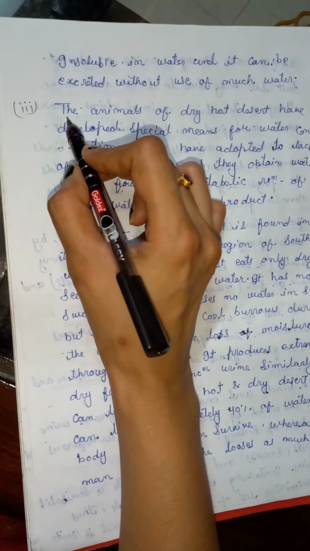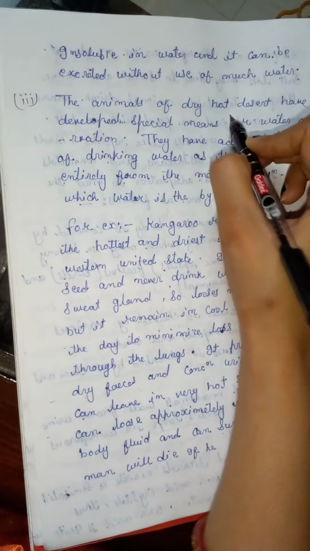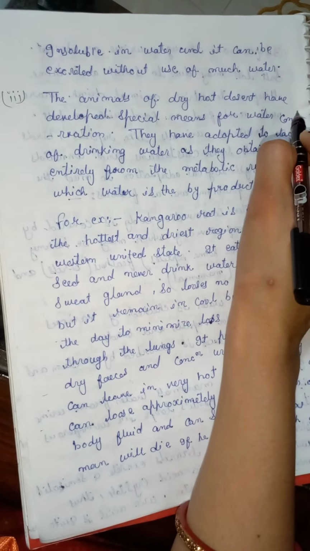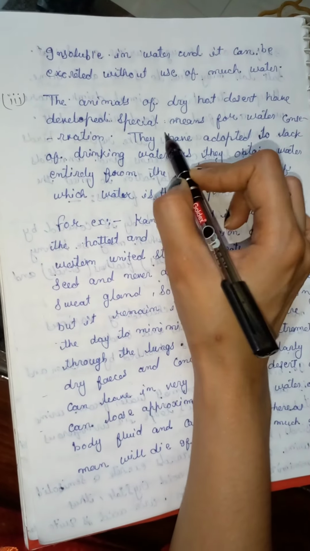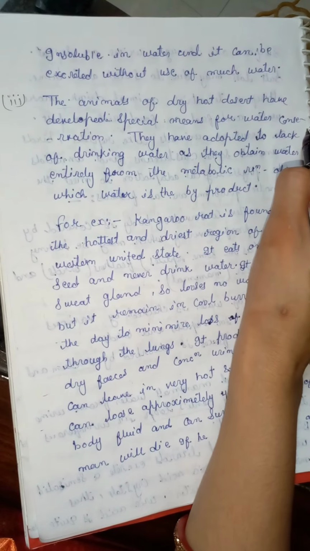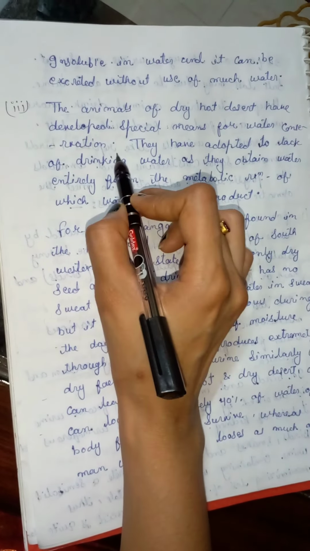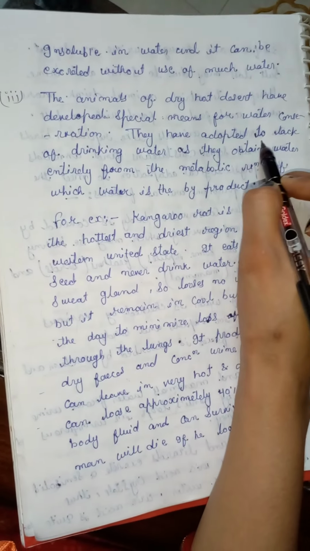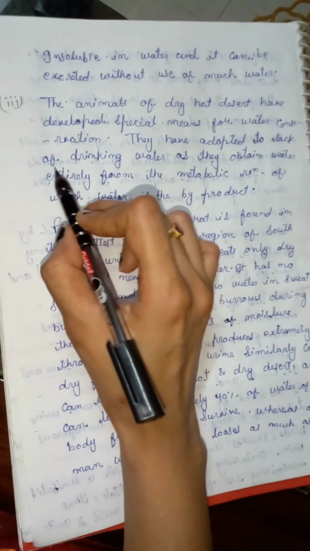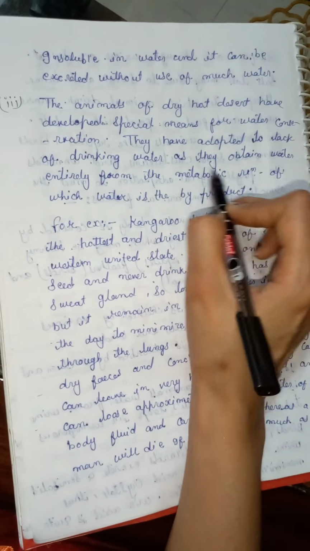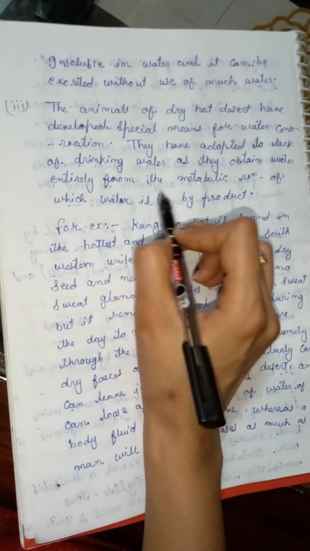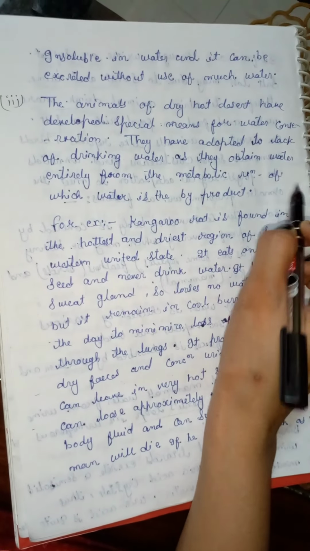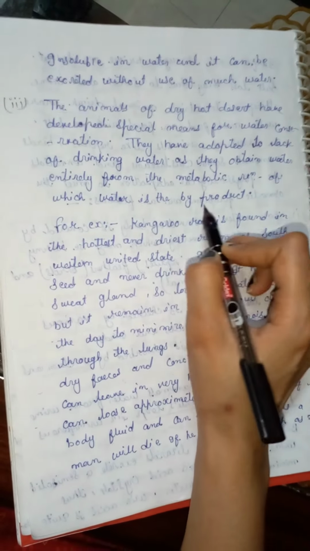Third, the animals of dry hot deserts have developed a special means for water conservation. They have adapted to the lack of drinking water, as they obtain water entirely from metabolic reactions of which water is a byproduct.